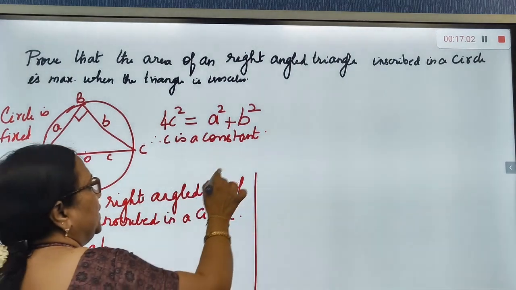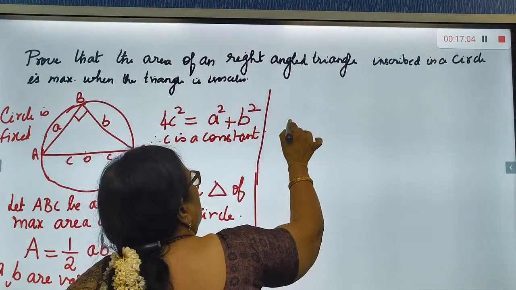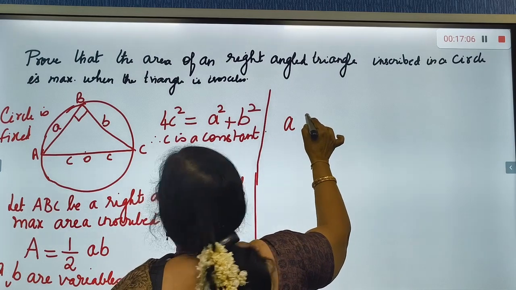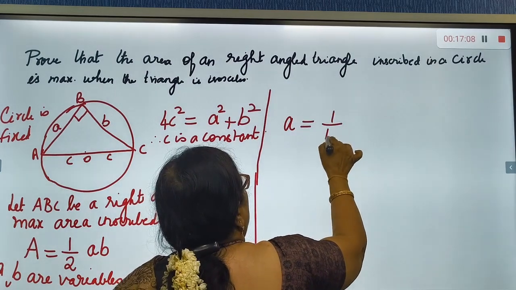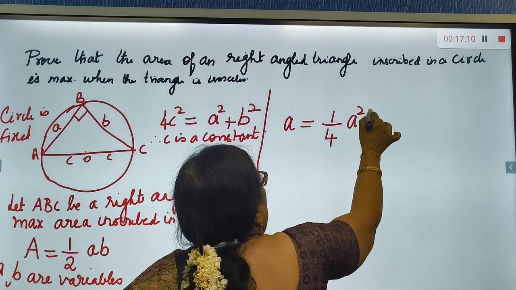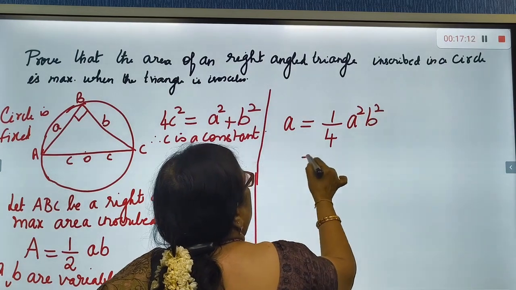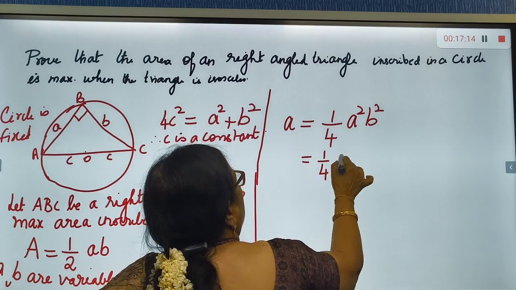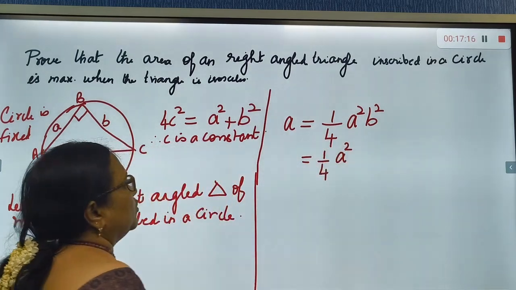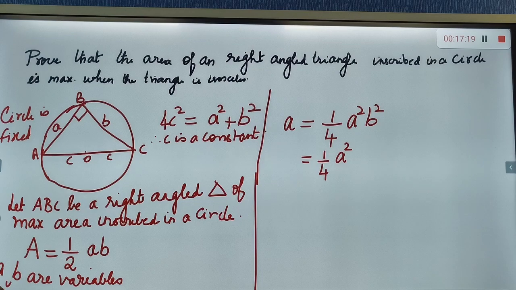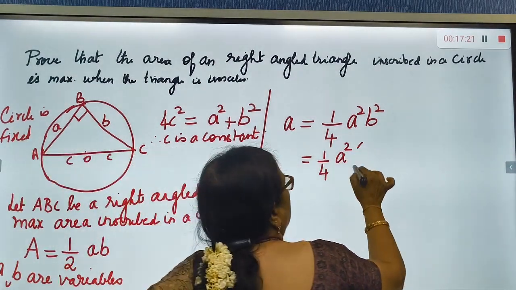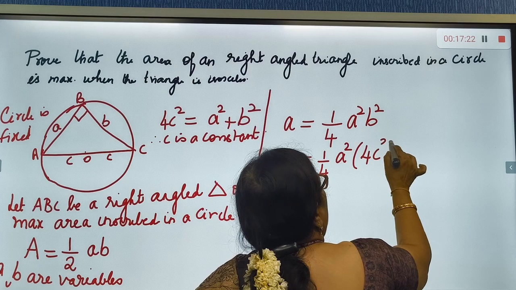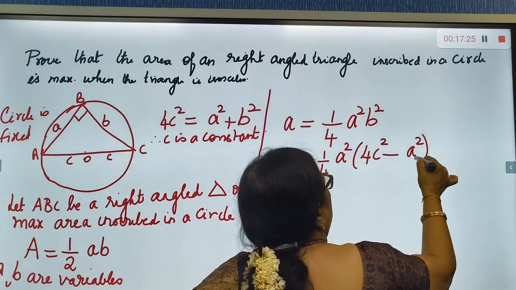Now, area will be small a, I'll write because I want to square it. 1 by 4 a square b square. This is 1 by 4 a square into, what is b square? 4c square minus a square.